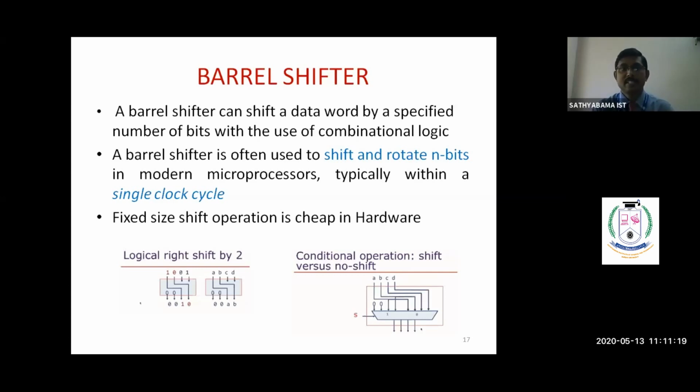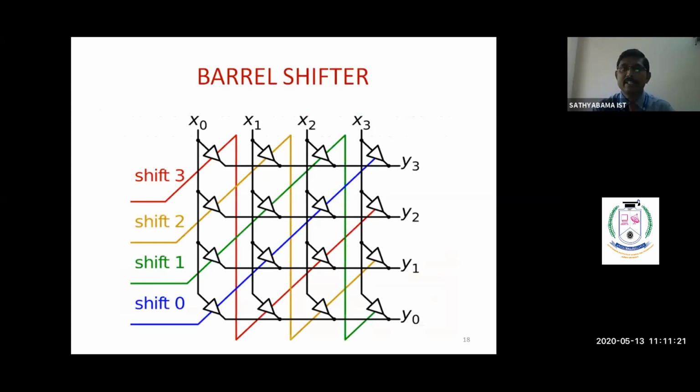So this is the structure, the design for the barrel shifter. Here X0 to X3 are the inputs and Y0 to Y3 are the outputs. Fine. So I'm going to make 0 shifting, which means there is no shift. That means X0 to X3 values should come to Y0 to Y3 directly. There is no shifting. So for this case, I'm giving this value. You can assume these are the transistors. Okay.